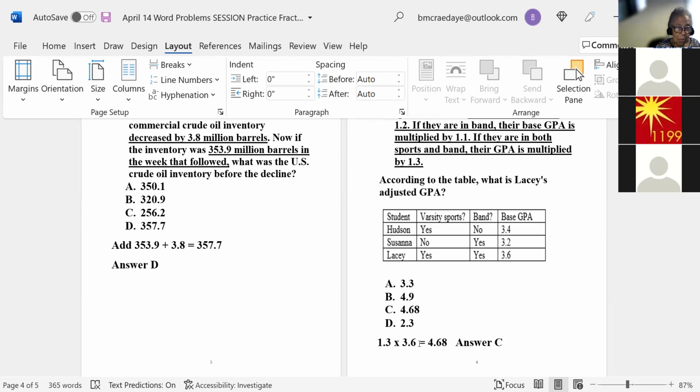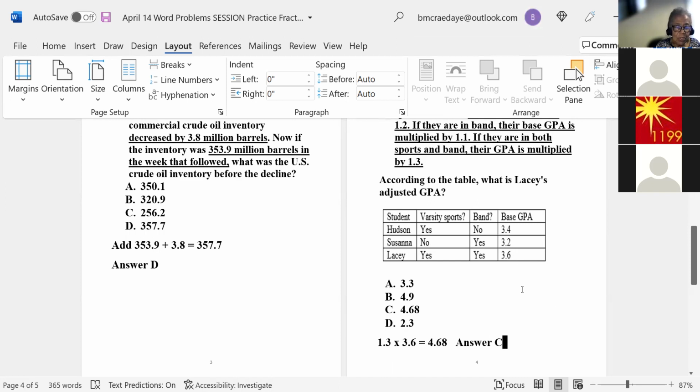Yeah. Okay. Because Lacey is in varsity sports and band, and it says if they are in both sports and band, their GPA is multiplied by 1.3, which is why Vanessa used the 1.3 times the base 3.6.